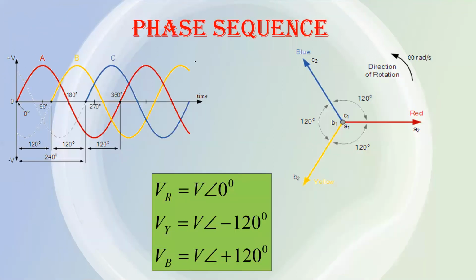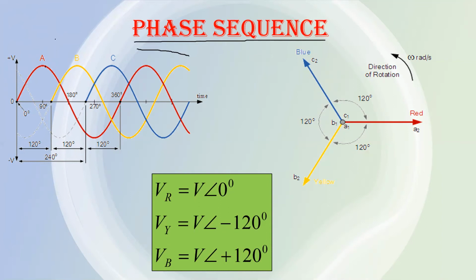Now, the second important point before coming to the main topic of this unit is phase sequence. What is the meaning of phase sequence? Phase sequence is the order in which phase voltages attain their maximum or minimum value. Suppose this is a three-phase supply.